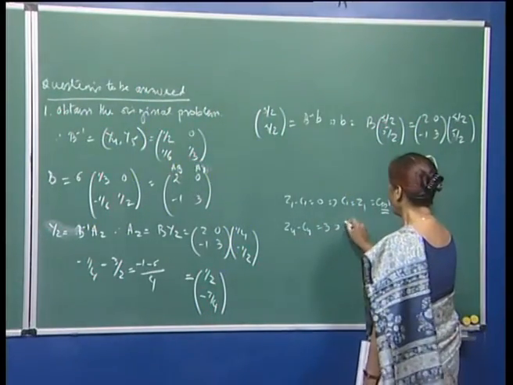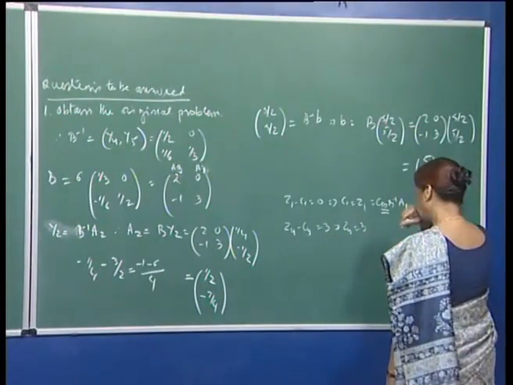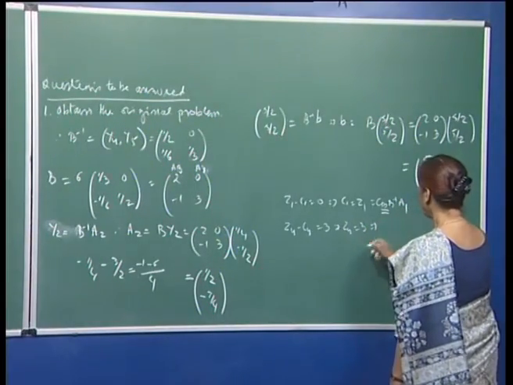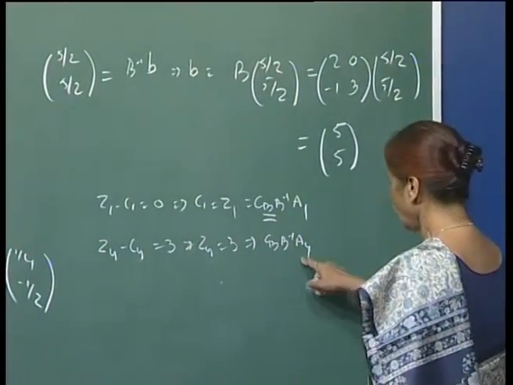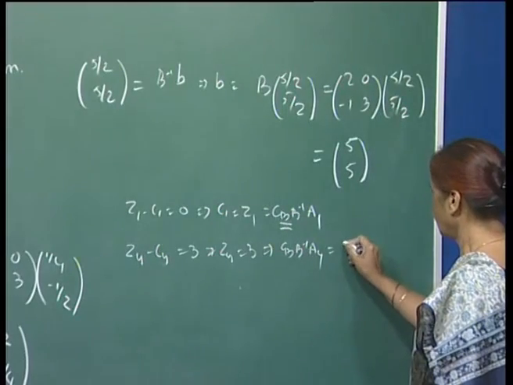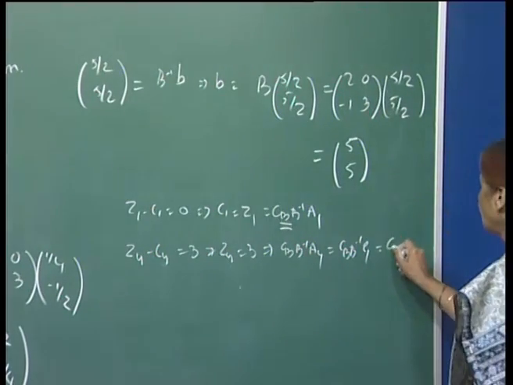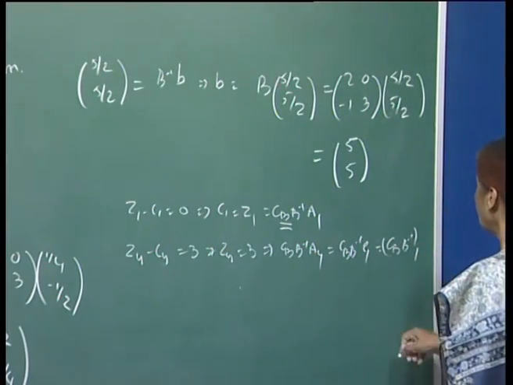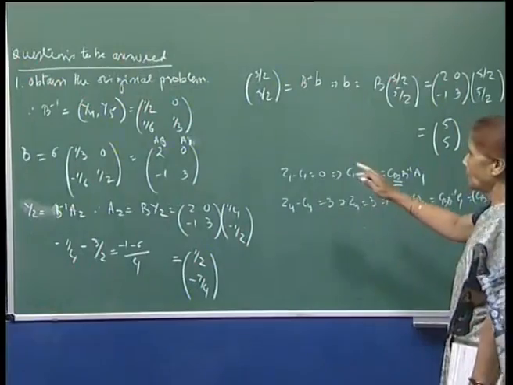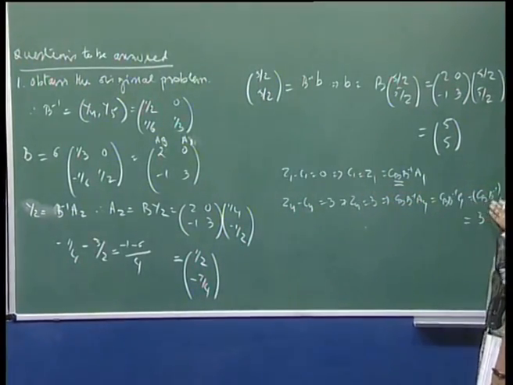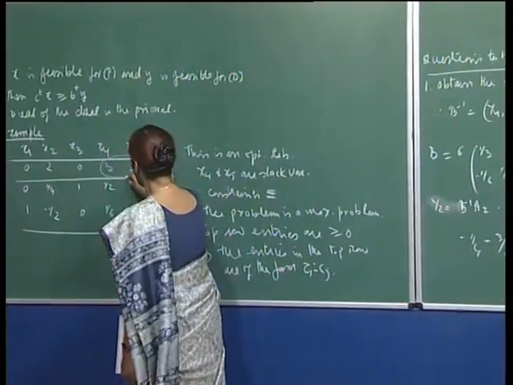This implies that Z4 is 3, because C4 is 0, and Z4 is CB B inverse A4, which is CB B inverse E1, which is the first component of CB B inverse. So that is equal to 3. Similarly, from Z5 minus C5 equal to 2, you will conclude that the second component of CB B inverse is 2.